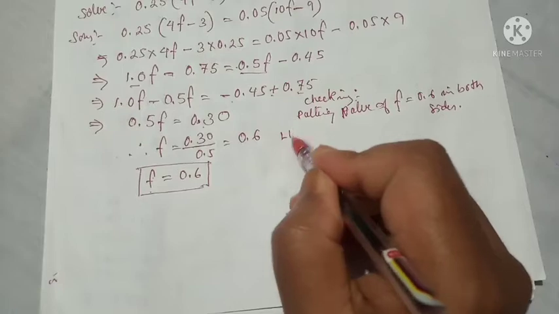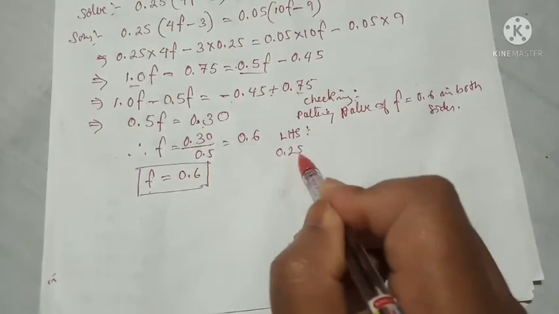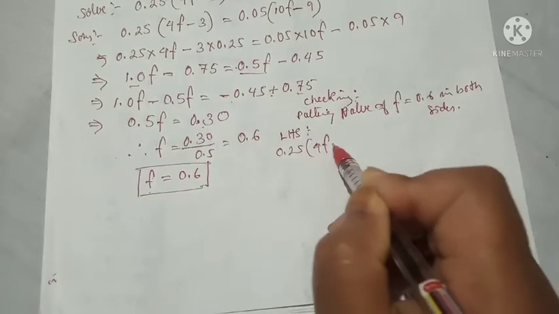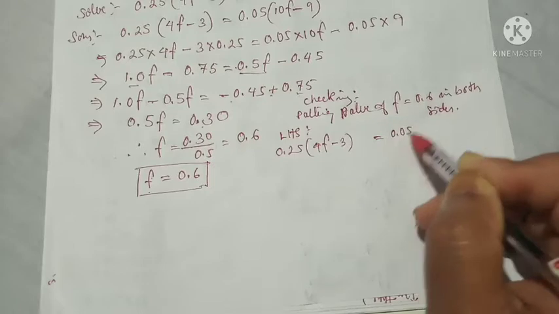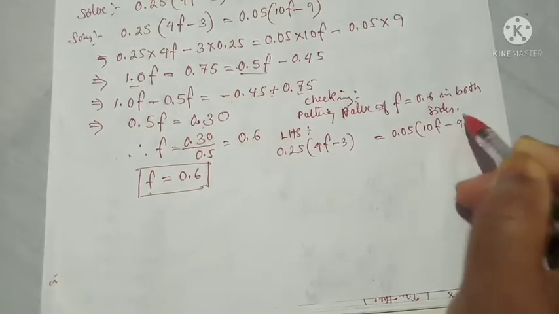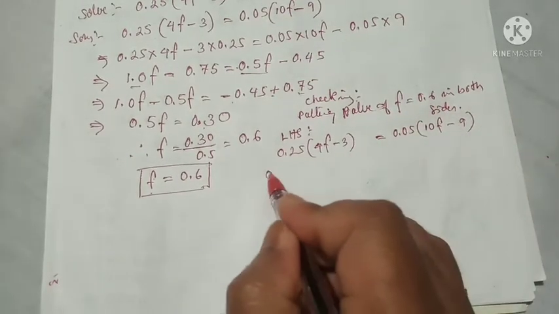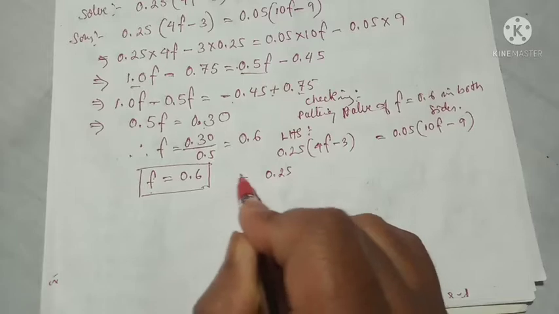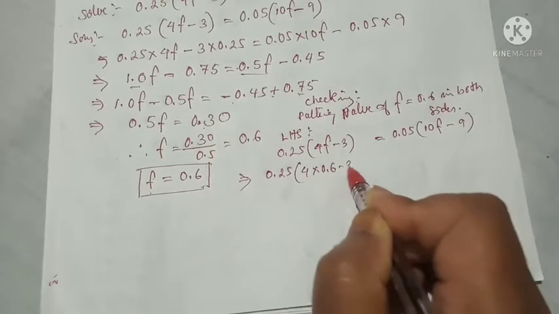This one is the left hand side. Left hand side is 0.25 into 4f minus 3. In the right hand side, 0.05 inside the bracket 10f minus 9. So we have to put the value of f here. 0.25 into 4 into 0.6 minus 3.